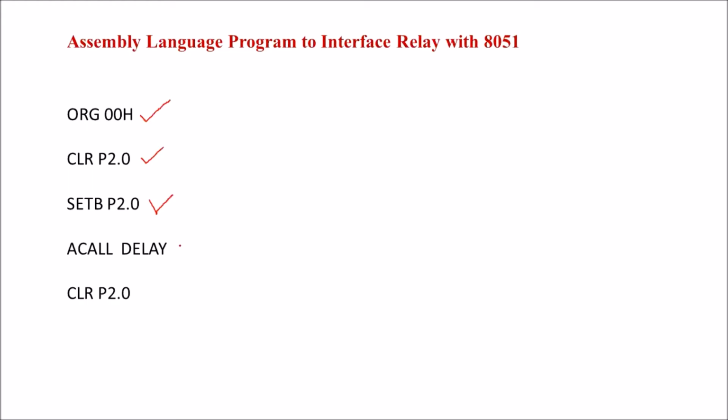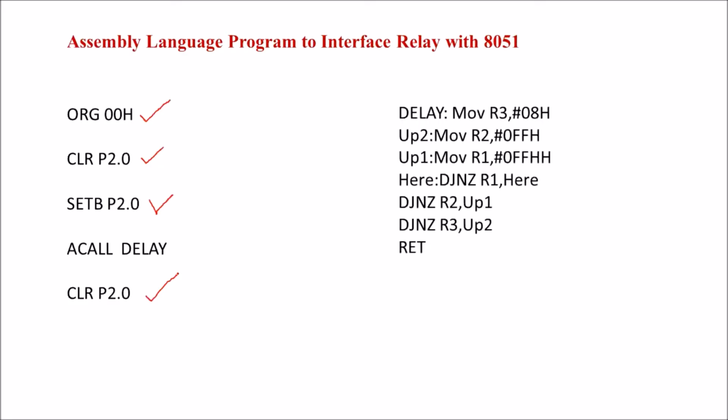We'll keep this bulb on for some delay and then we'll turn this bulb off. So this is the simple program to turn the relay on and off. The delay program we can write using registers here. We can also write a delay program using a timer.